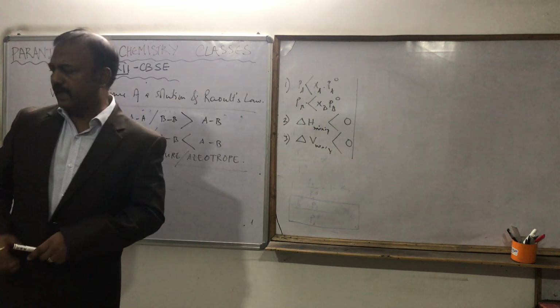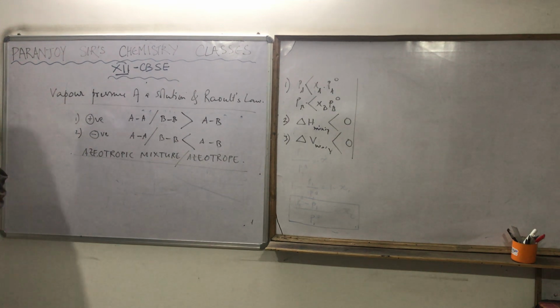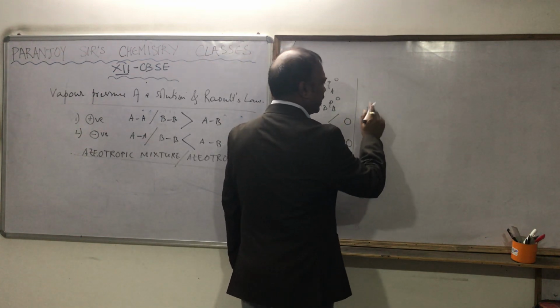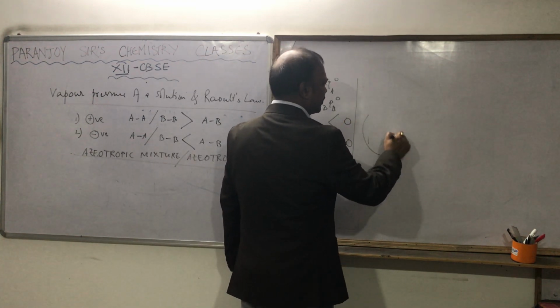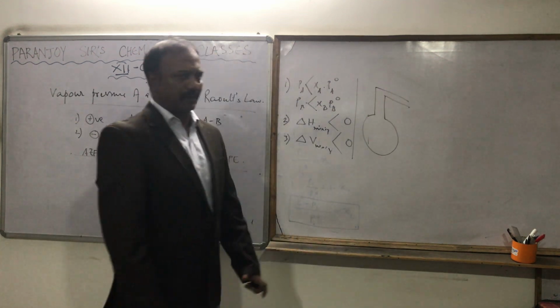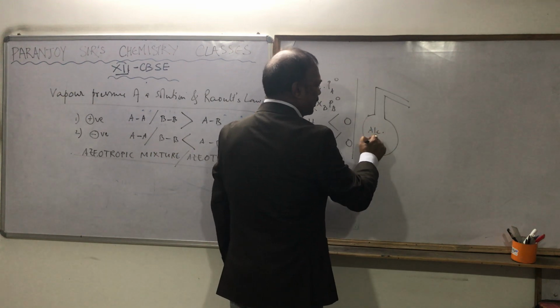Suppose we had taken two liquids, some amount of alcohol and some amount of water, in a round bottom flask, in a distillation system, in a distillation flask. The alcohol is there and the water is there.